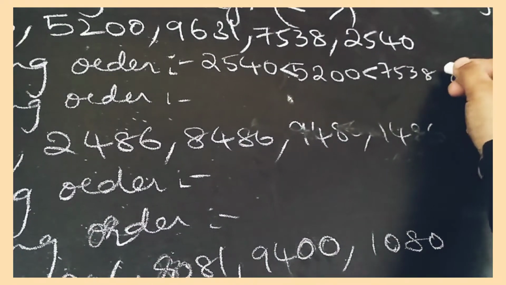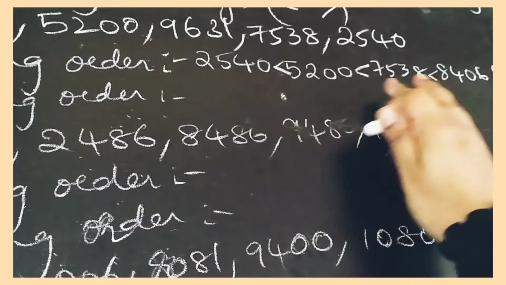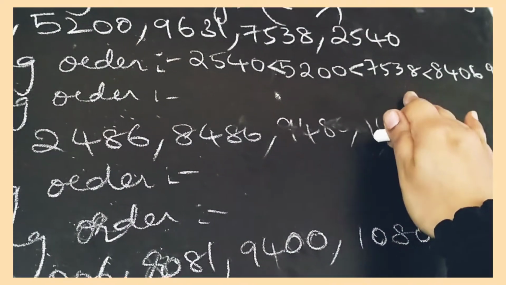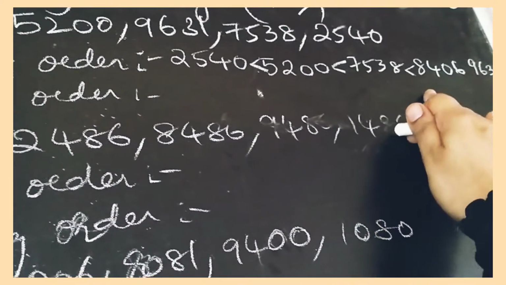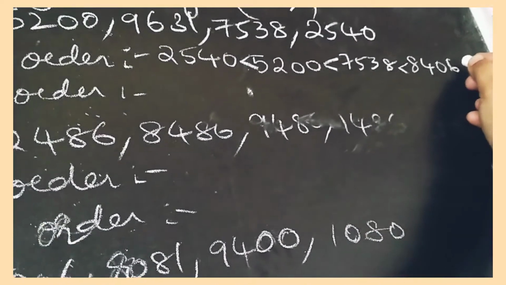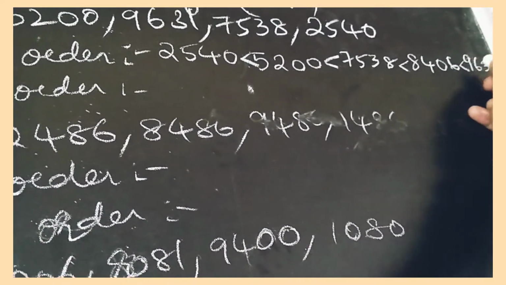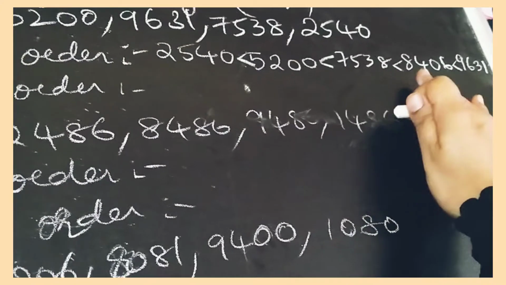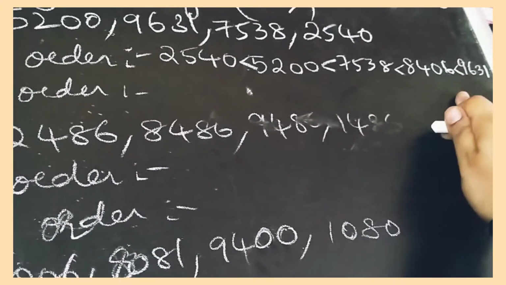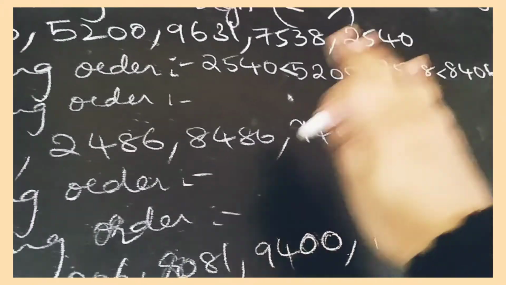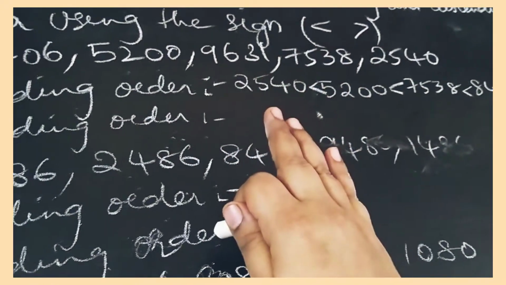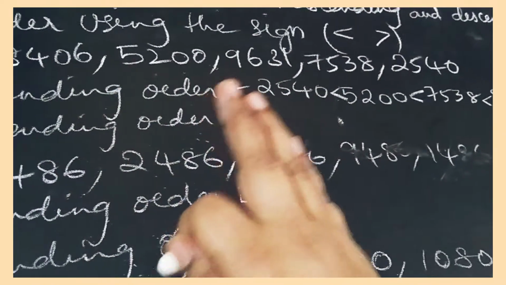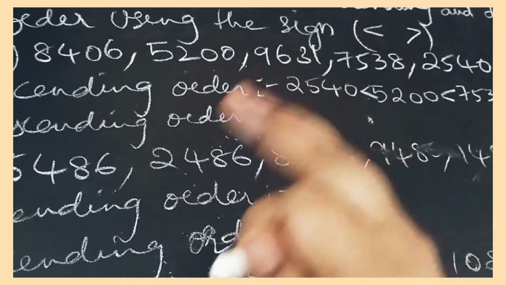This is the less than symbol. And 7538 is less than 8406. Then 8406 is less than 9631. Like this you have to use this symbol. We are writing in ascending order, so we write numbers from small to big.